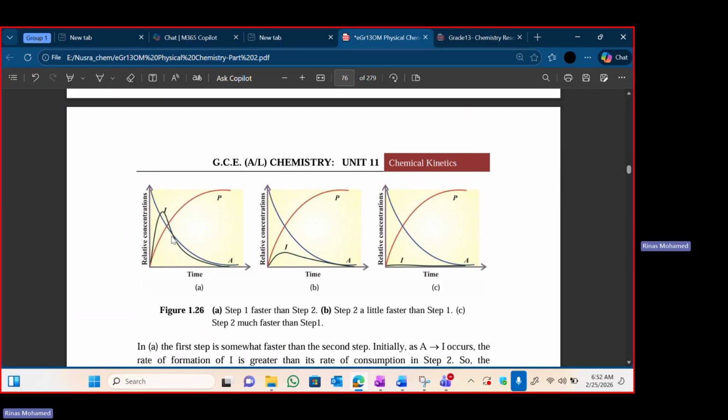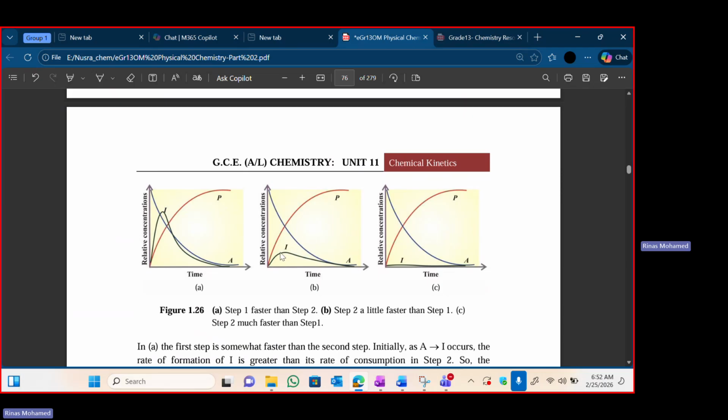The first step is fast, meaning the intermediate concentration is quickly rising, and after some time, if the second step is the slower step, the concentration of intermediate is decreasing slowly. The slope of the first one is higher. But it has reached a maximum concentration because it is formed in the fast step.